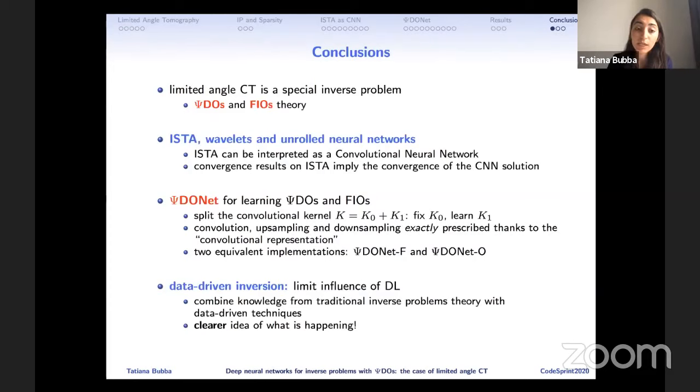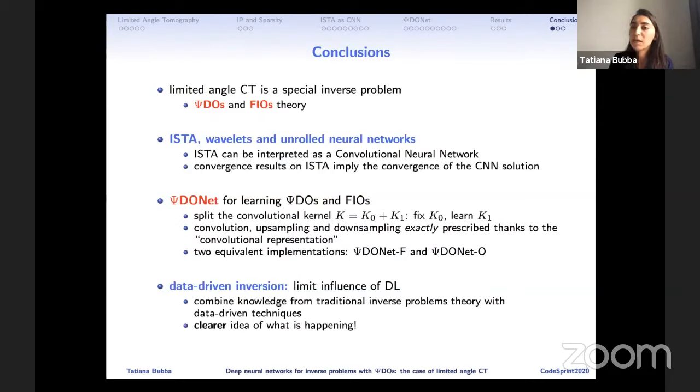Now, we propose ΨDONet based on this result, and the main idea is that we split the convolutional kernel into two parts, one that is fixed and one that is the center part, which is left for learning. And how we build these convolutional kernels is that we can exactly prescribe from the theory the operations of convolution, upsampling, and downsampling.